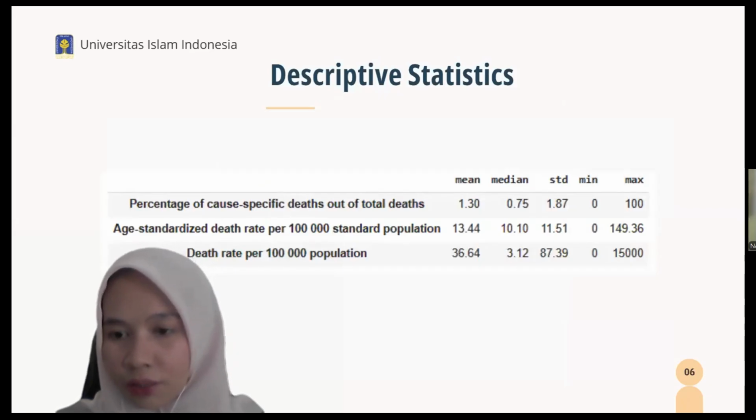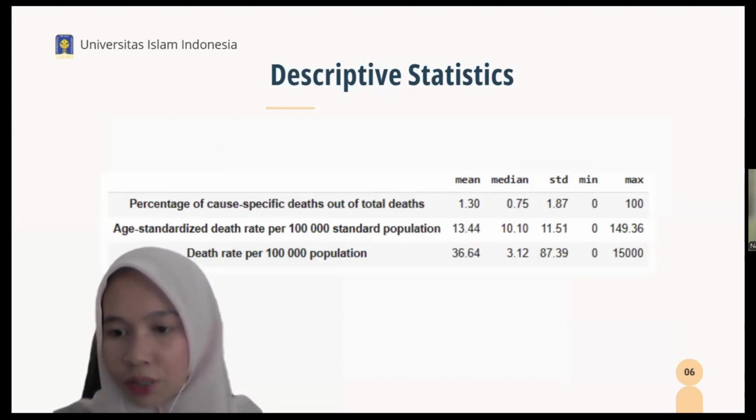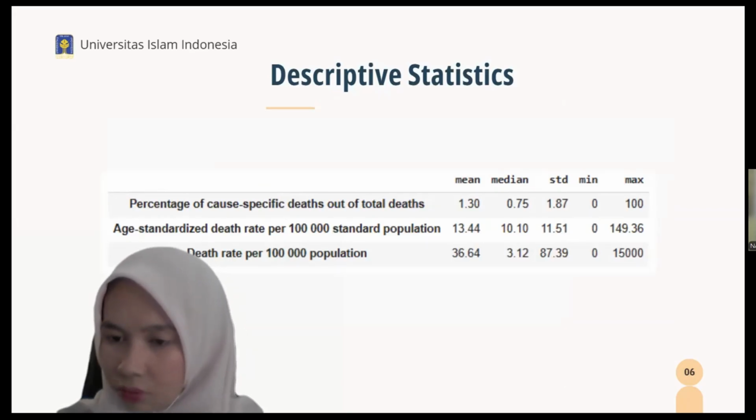Next, we examine the descriptive statistics of each variable. The mean of the age-standardized death rate is around 13.44 per 100,000, while the maximum reaches 149.36.